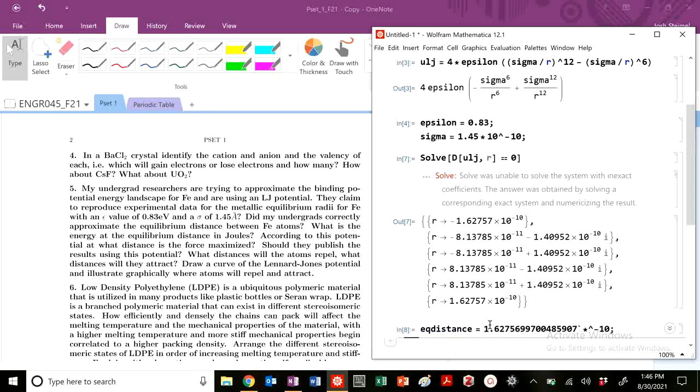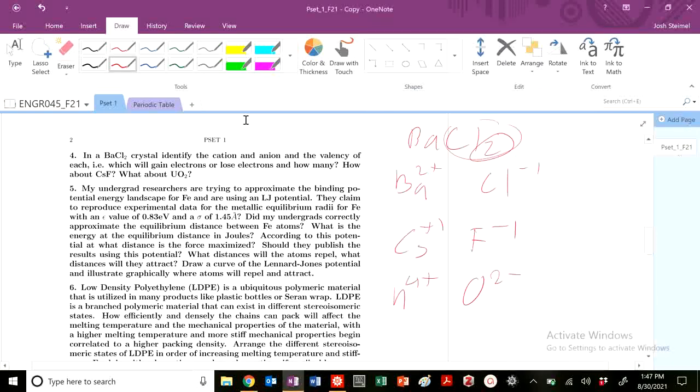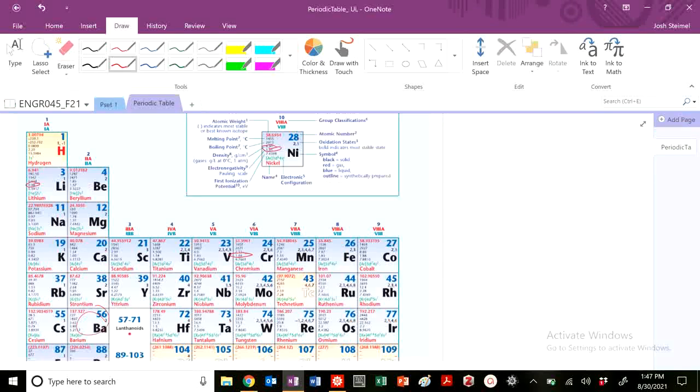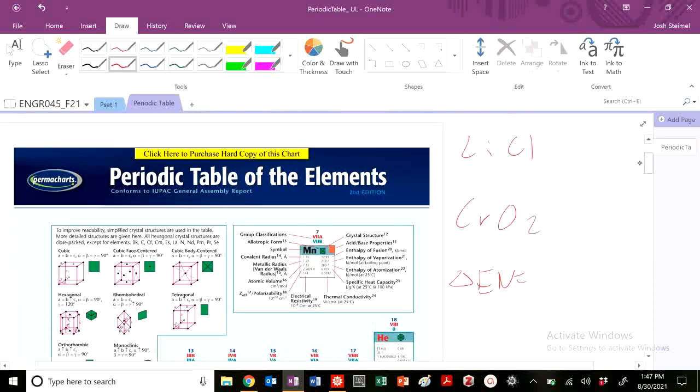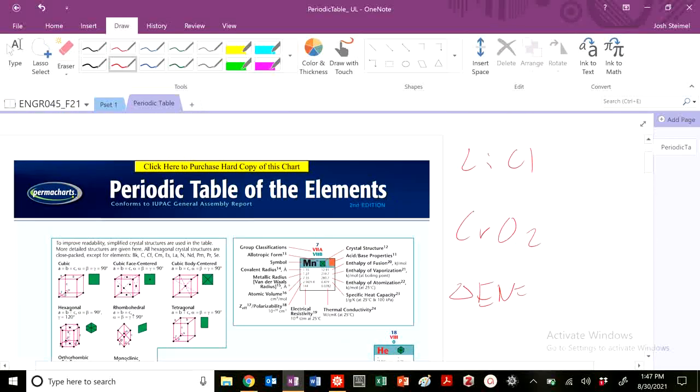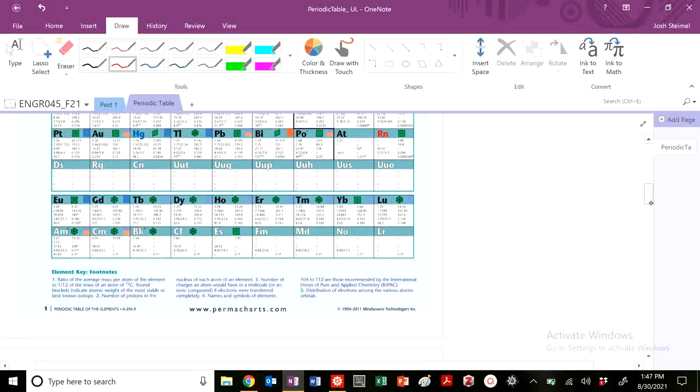So the question is whether that is my equilibrium distance. I know in iron, my nearest neighbor distance is 2r, the metallic radius. Looking at this handy periodic table, we can look at the metallic radius, which is the second one down here. Let's look at iron.